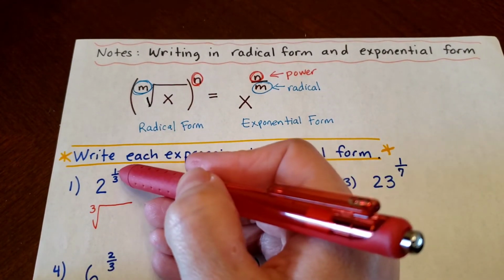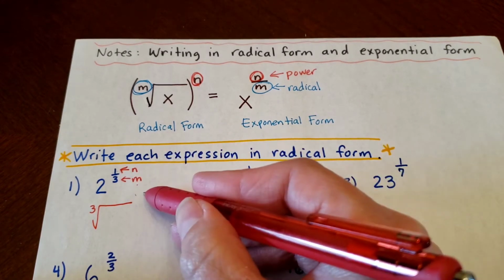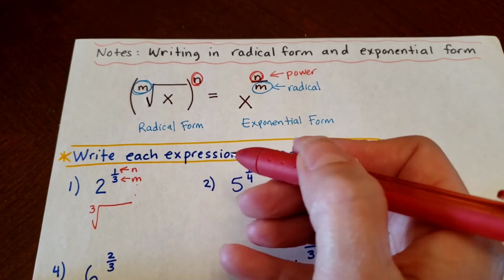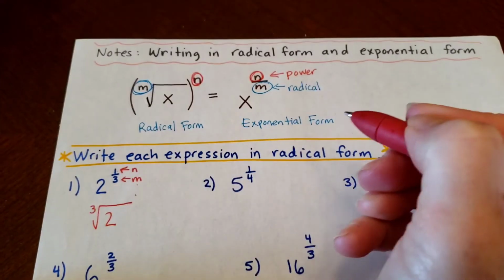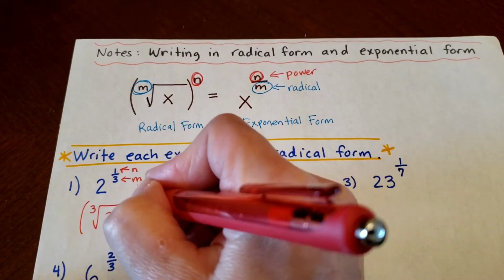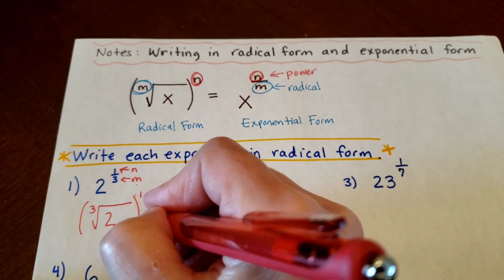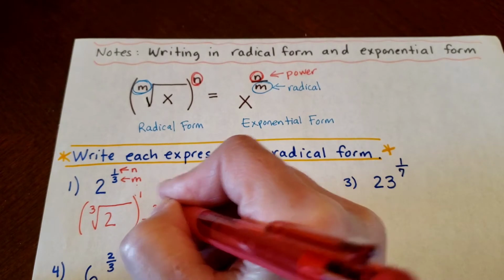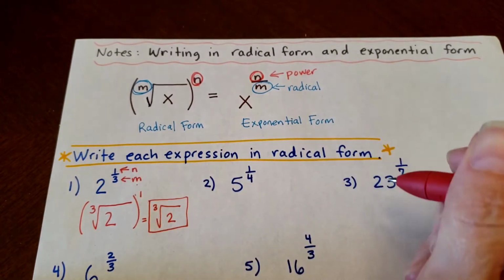And then the 1, basically we can ignore the 1 because when you take something to the first power, it doesn't do anything. You can have it like this with the 1, but we generally don't write the 1, so it's better just to leave it without. So no 1 on the problem.